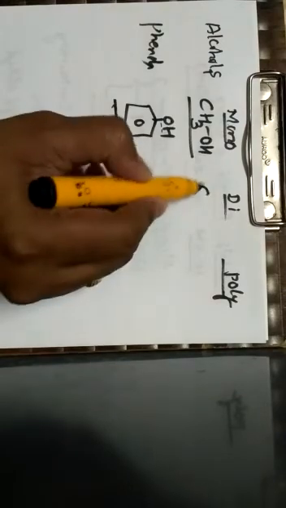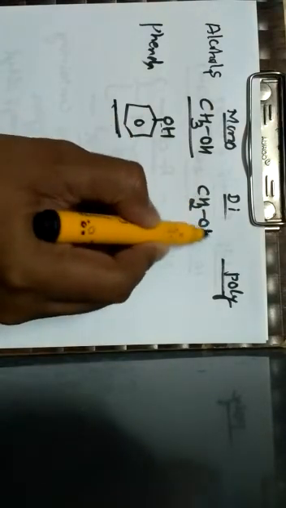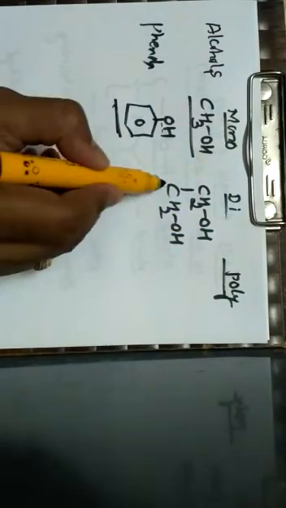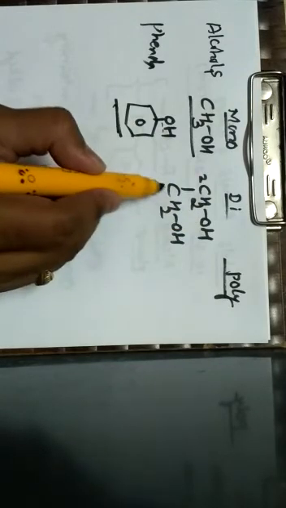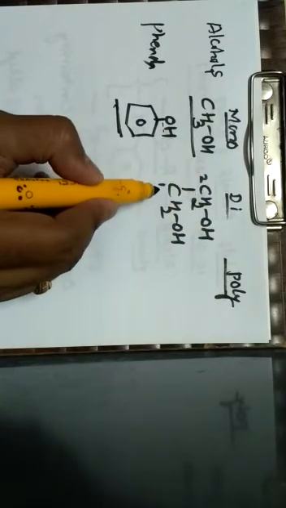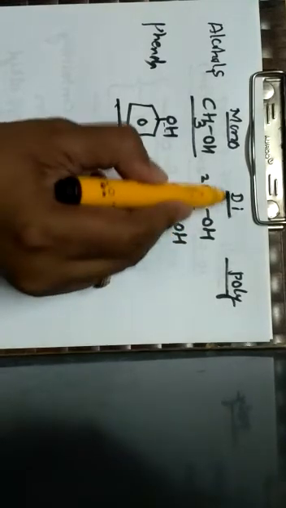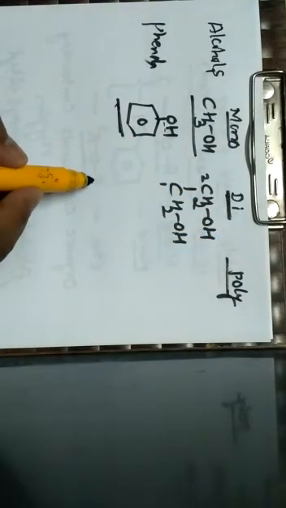One more example, for dihydric alcohol, is CH2OH single bond CH2OH. It has 2 carbons, the root word is ethane, so it is ethane-1,2-diol, which is a dihydric alcohol.